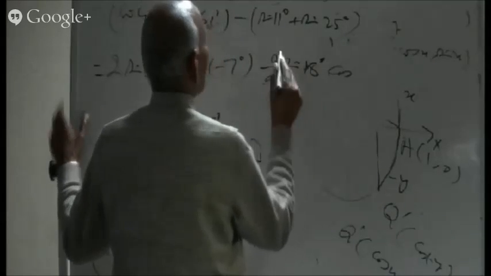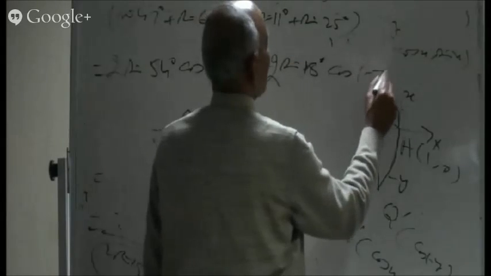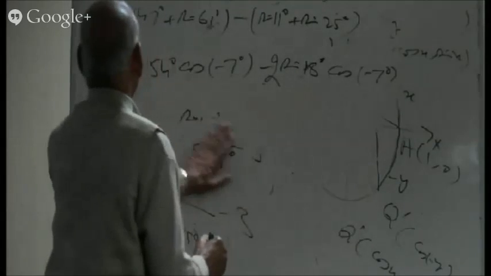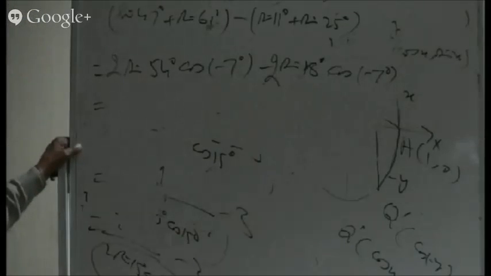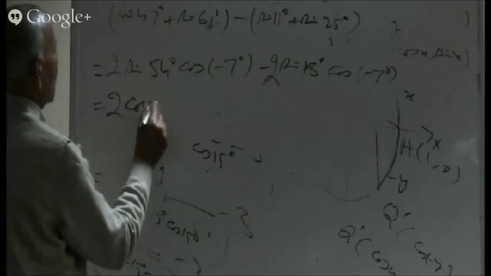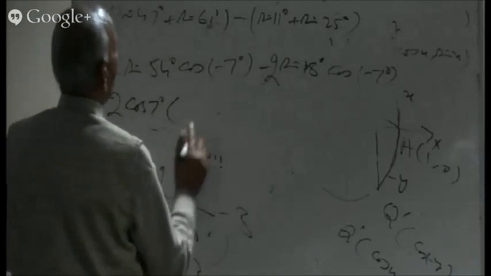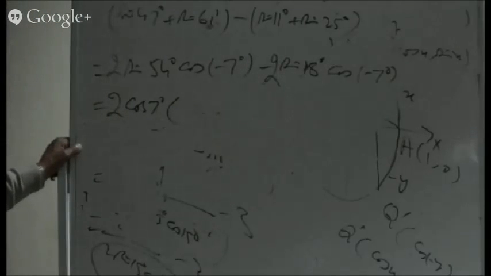So we are getting twice sine of 18 into cos of minus 7. Now here it is 2, and cos of minus 7. What is cos of minus 7? Cos of 7. So here is 2 cos of 7 I am taking out. And then inside we are left with sine of 54. Can I write it as cos of 36?